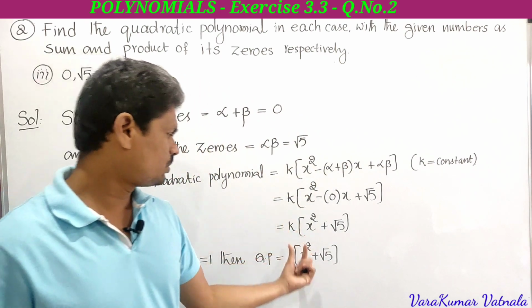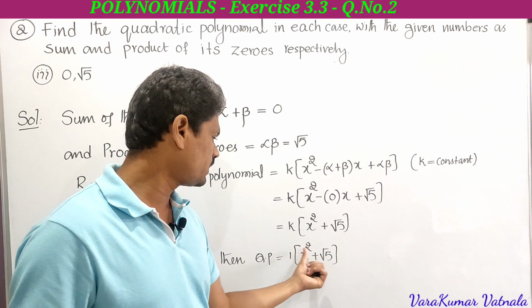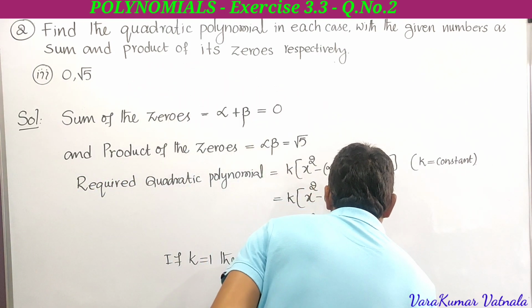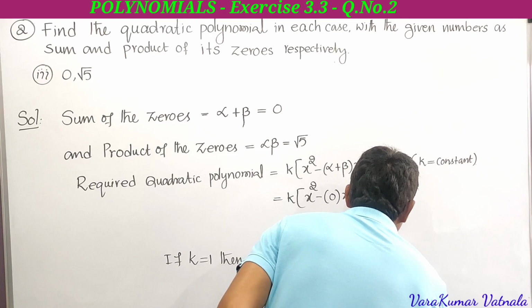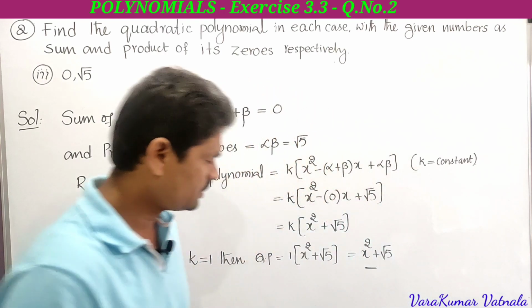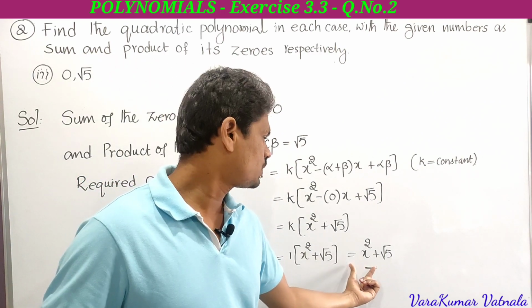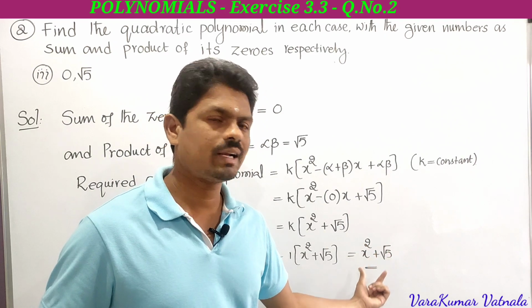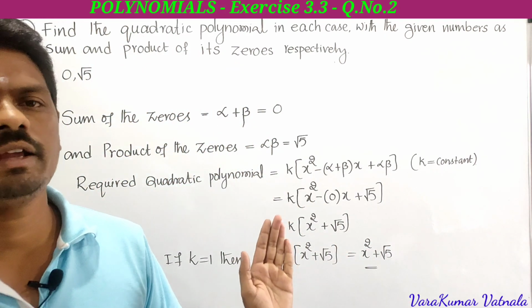So I am substituting k is equal to 1, then the required quadratic polynomial is equal to 1 into x square plus root 5, which is equal to x square plus root 5. So this is the required quadratic polynomial whose sum of the zeros is 0 and product of the zeros is root 5. So this is the third bit in the second problem.